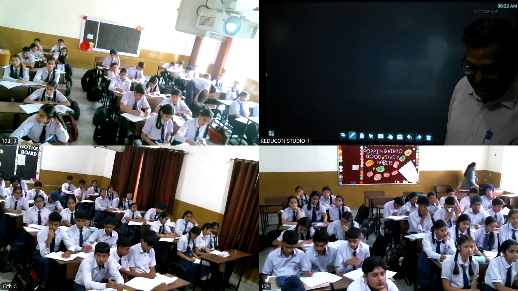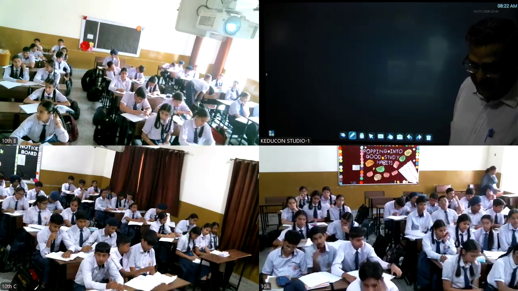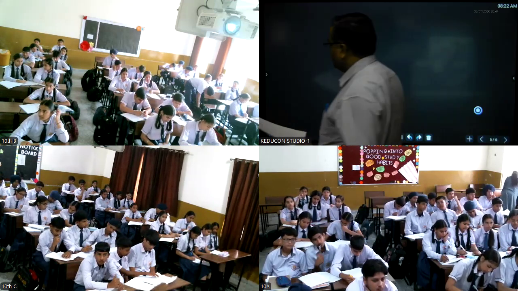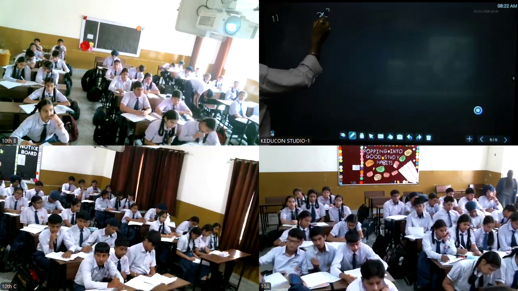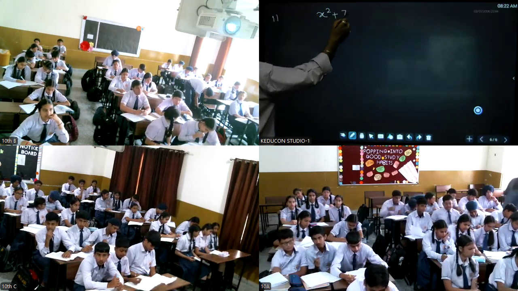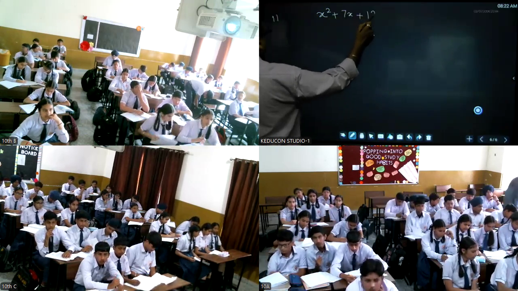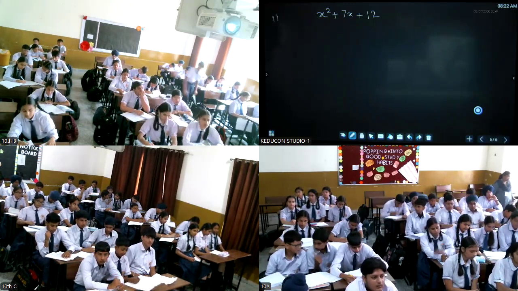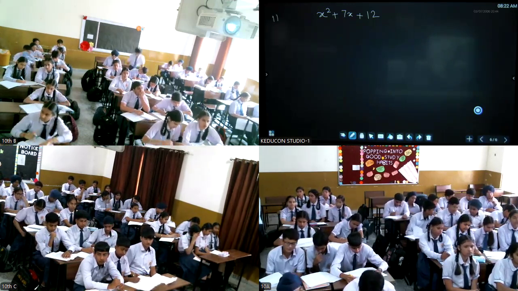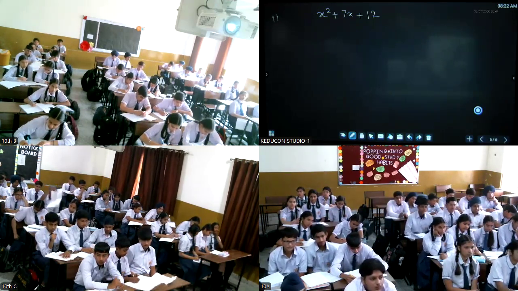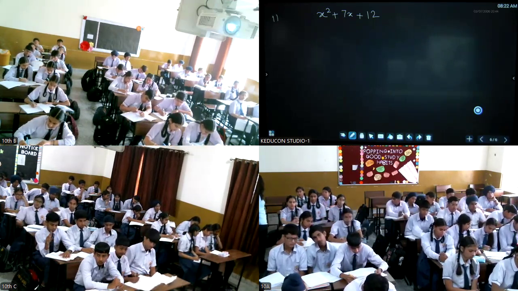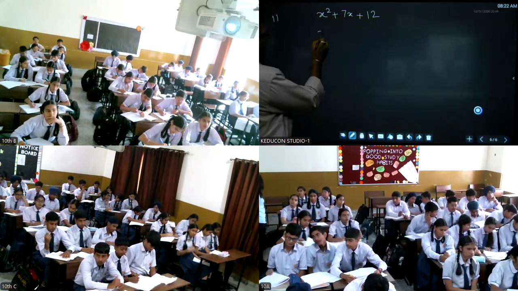Next question, students. Assertion reason. The quadratic polynomial has no real zeros. Children, the quadratic polynomial is given. Does this polynomial have no real zeros? Check whether this is true or false. False. Why? Because there are zeros of this polynomial.